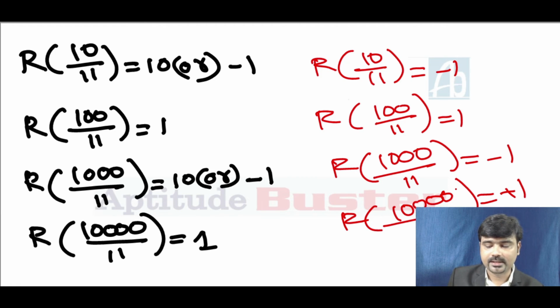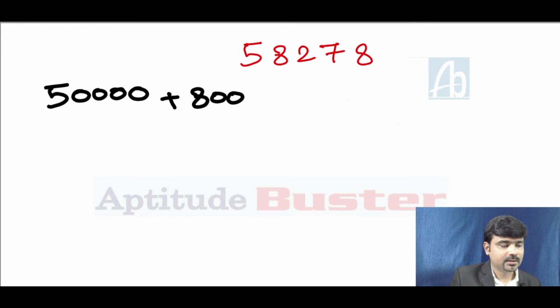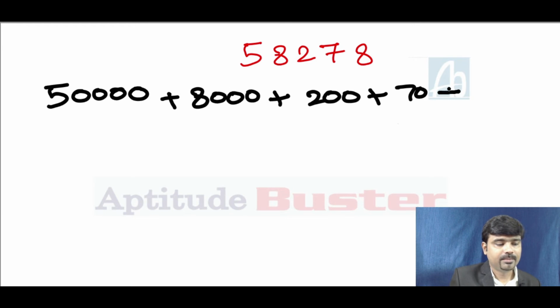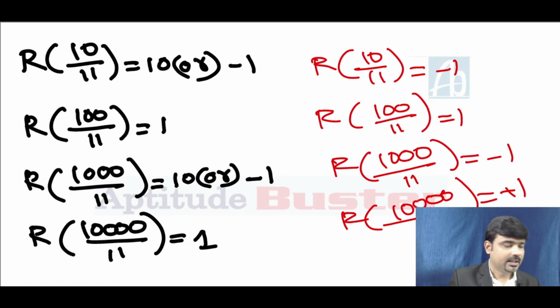Now I'll take this example, 58,278. 58,278 can be written as 50,000 plus 8,000 plus 200 plus 70 plus 8. One thing we know, 10,000 divided by 11 gives remainder plus 1. That means 50,000 divided by 11, the remainder should be plus 5. 1000 divided by 11, the remainder is minus 1.